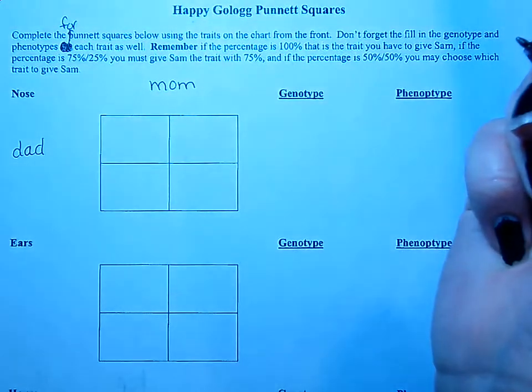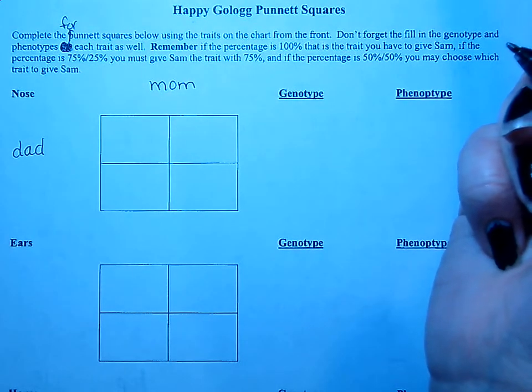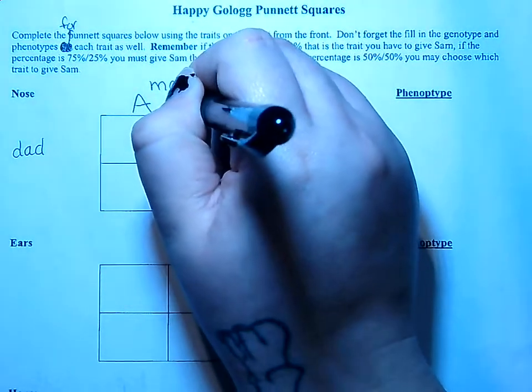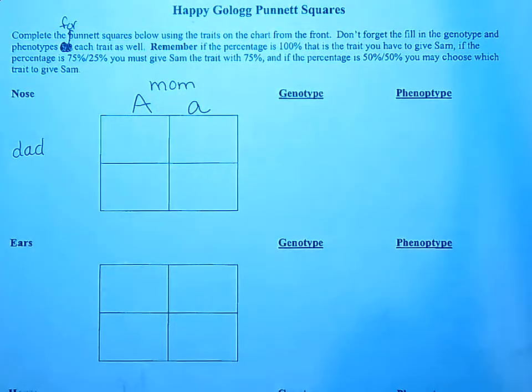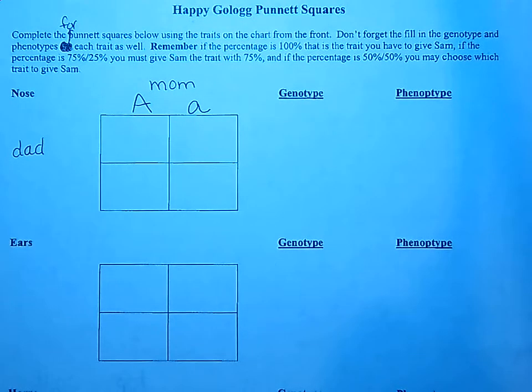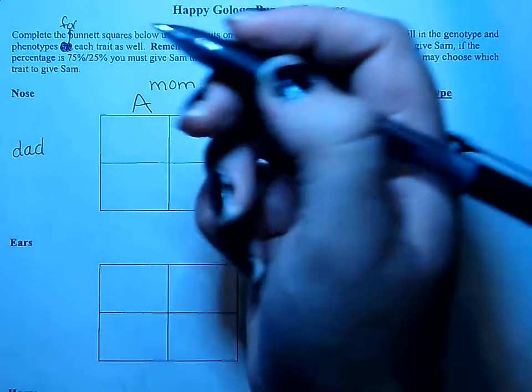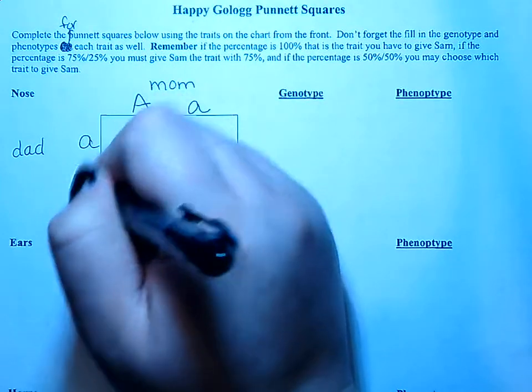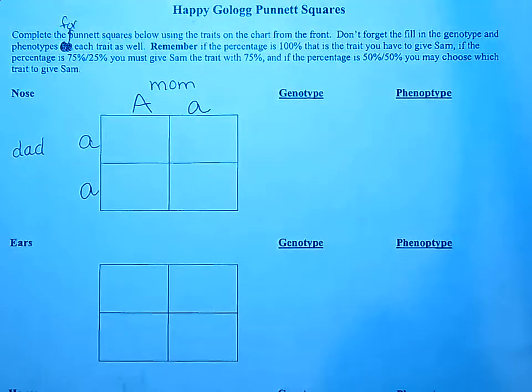So mom was heterozygous for nose, and we're using the letter A. Or her genotype, another way to say it would be big little. His dad was homozygous recessive. Well, homozygous means same, and recessive is small, so that's little little.